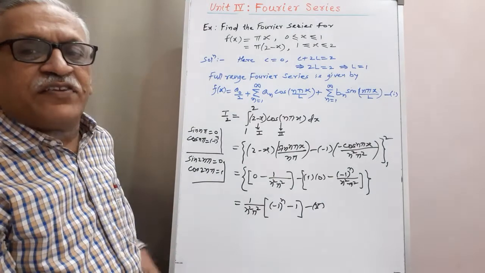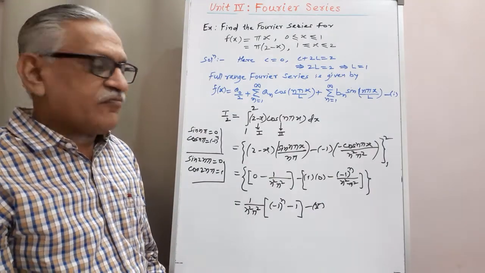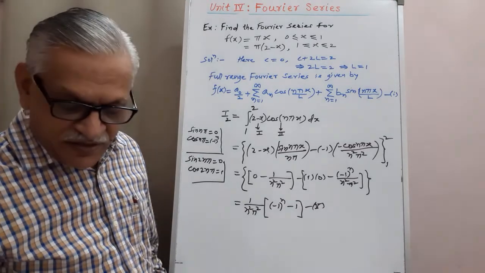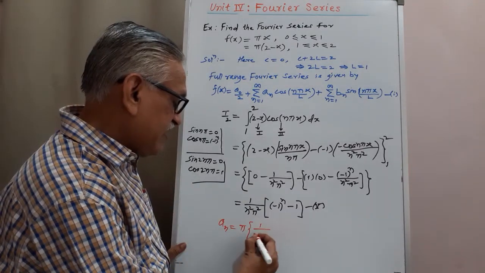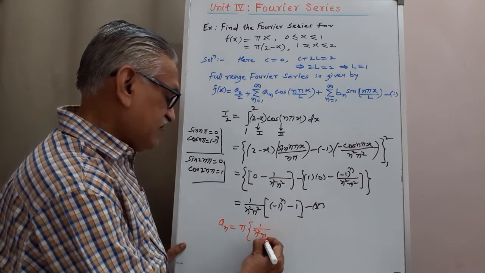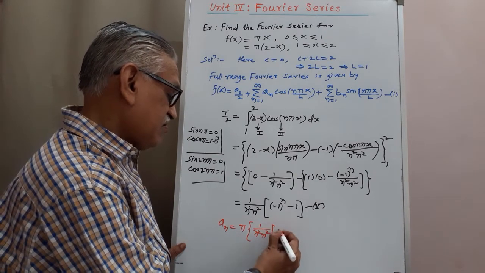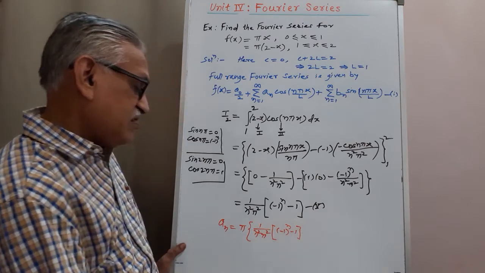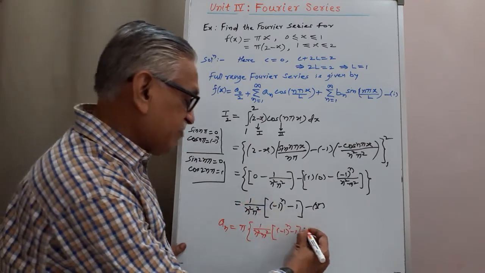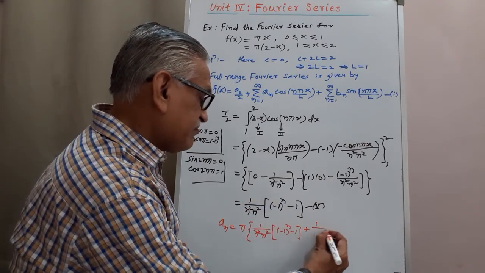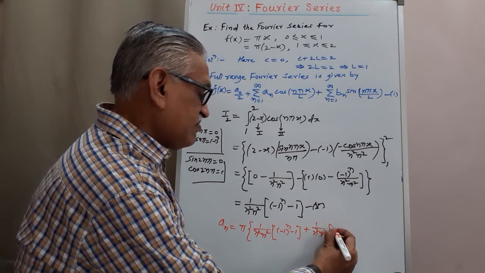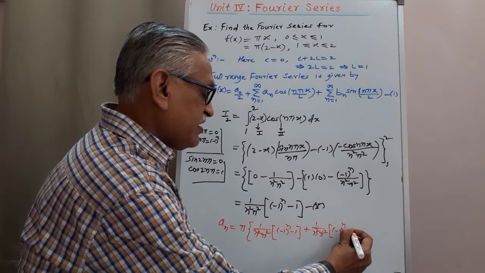Then taking the addition of I1 and I2 and substituting in equation 2, we get 1 by n square pi square, minus 1 raised to n minus 1, plus I2, again the same value, 1 by n square pi square, minus 1 raised to n minus 1.